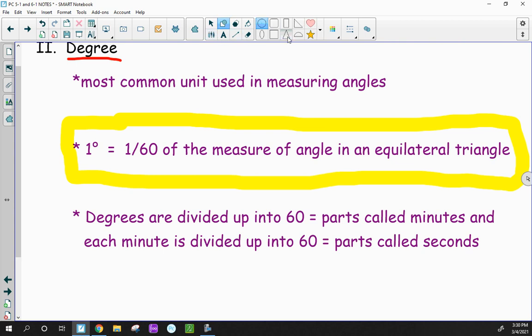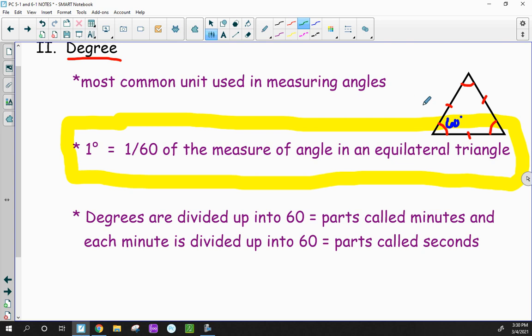So, for example, looking at my picture right now, if it's an equilateral triangle, that means that all the sides are the same length. If it's a true equilateral triangle, then it's also equiangular. All the angles are the same measure. Since we know from geometry that all three angles add up to 180, that means each of these are 60 degrees apiece. A degree, 1 degree, is 1/60th of that angle.